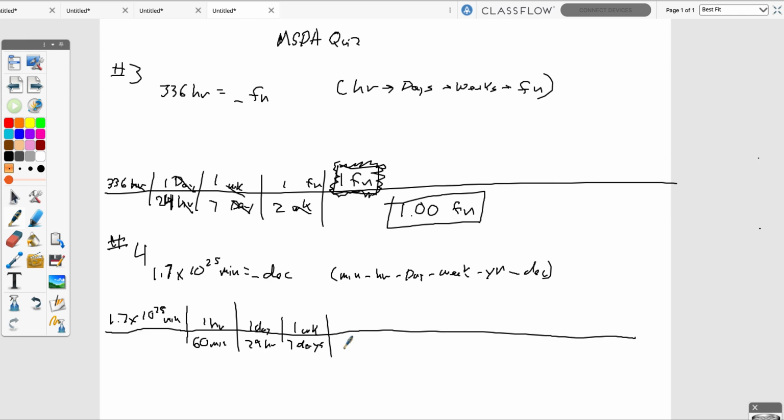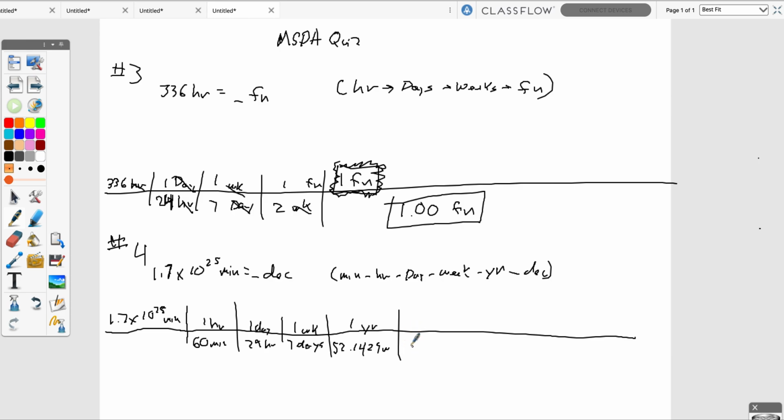Then weeks to years, so there are 52.1429 weeks in 1 year. If you're wondering where I got that conversion, because it's not on the chart, I Googled it.